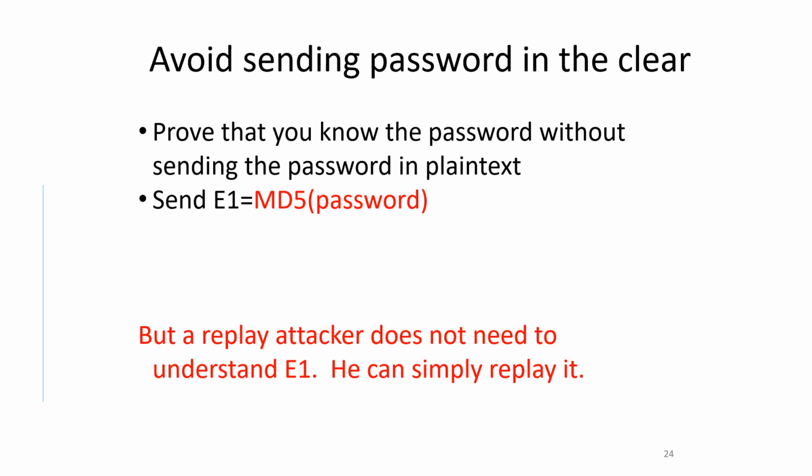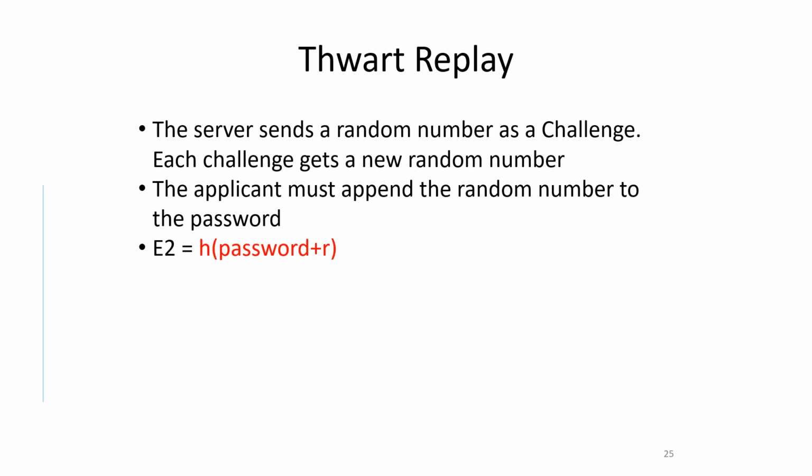Well, clearly we're not going to be able to allow that. So let's take the password, add a random number to it, never use the same random number twice, and take the MD5, or the hash, of that. So the server sends a random number as a challenge, and never uses the same random number twice.